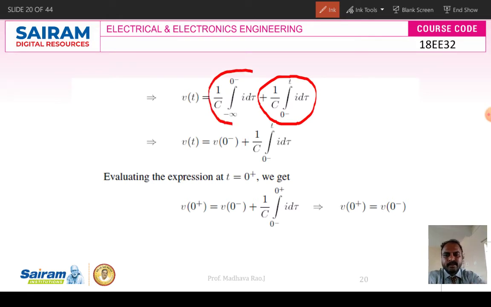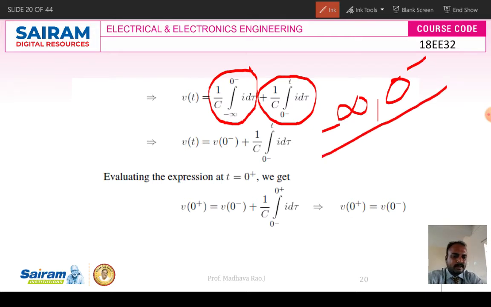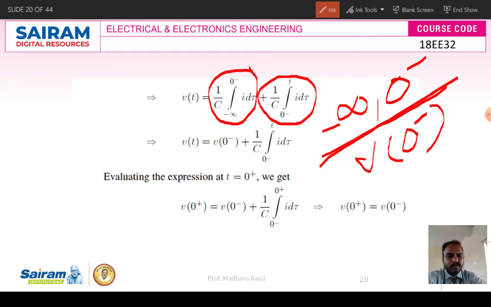The first part is the voltage across the capacitor, V of 0 minus.